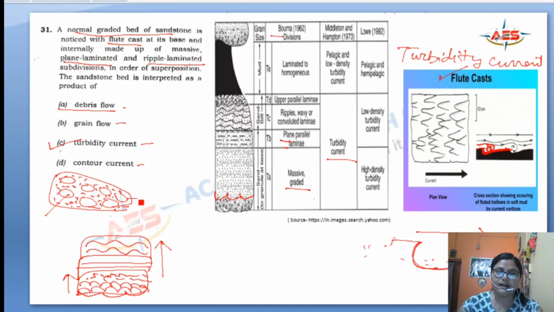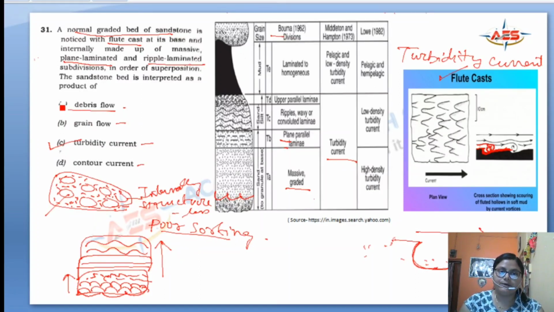The debris flows are internally structureless, and they show poor sorting. Different types of grain size are found. So debris flow में fluid cast भी नहीं मिलता, so ये answer नहीं होगा.